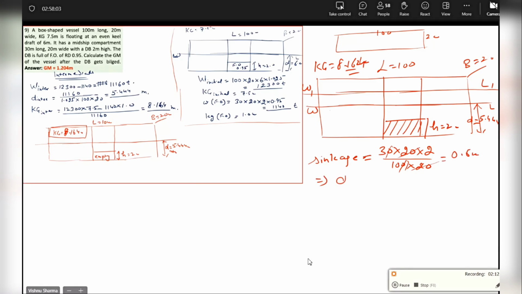This implies D1 will be equal to 5.444, which was the draft of the intermediate condition before bilging, plus the sinkage. It will be 6.044 meters. Do you all agree up to this point or any doubts?